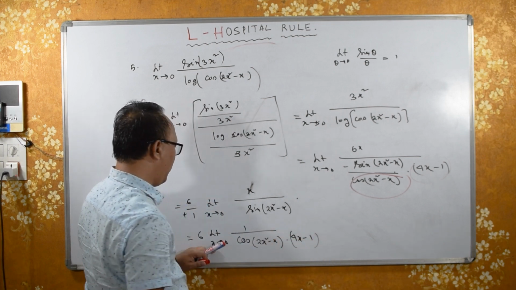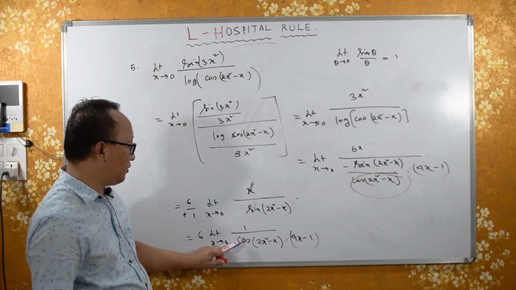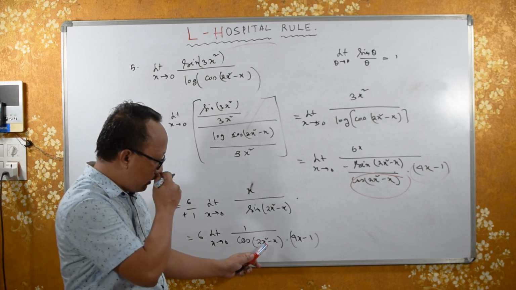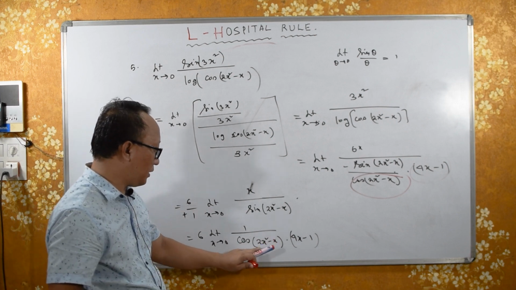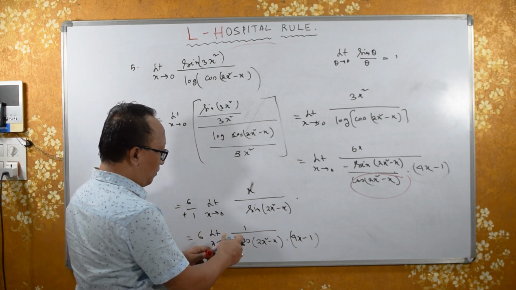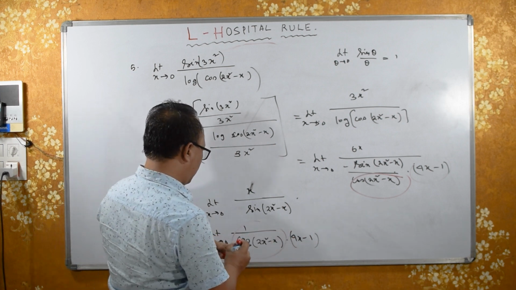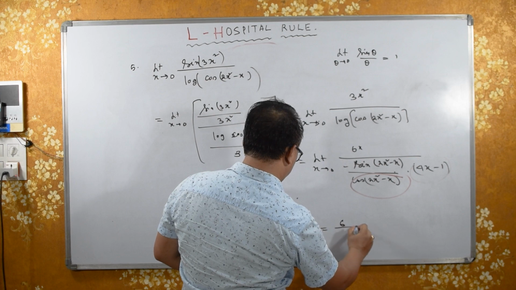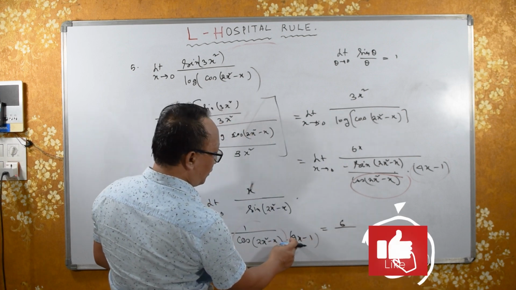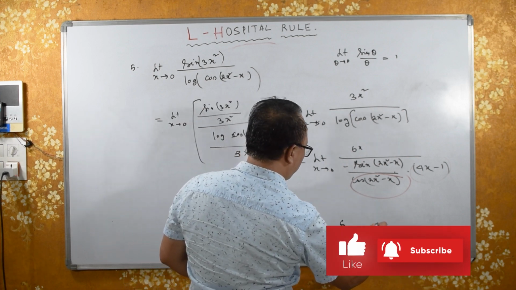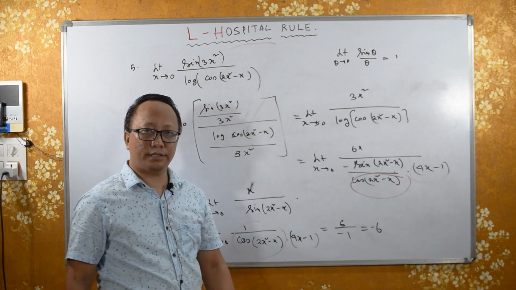Now if I substitute x equals 0, cos 0 is 1, so this whole becomes 1. What we have is 6 upon, x tends to 0 gives minus 1, therefore minus 6. Minus 6 is the required answer.